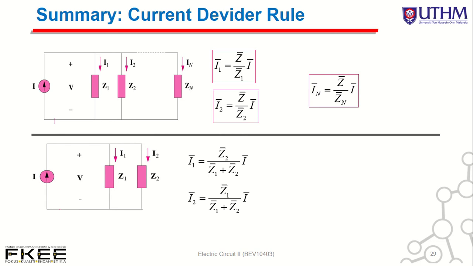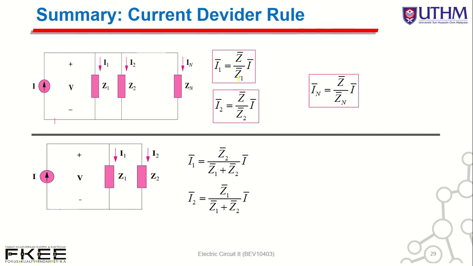Next, this is the summary for the current divider rule. Let's say you have a circuit with a current supply connected to Z1, Z2 until Zn in parallel. How to determine the current?